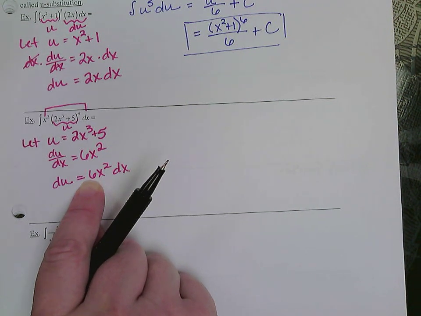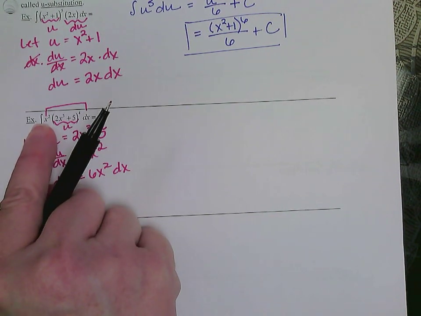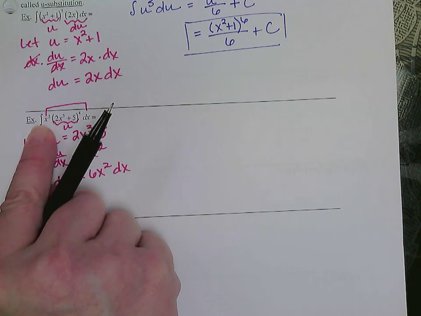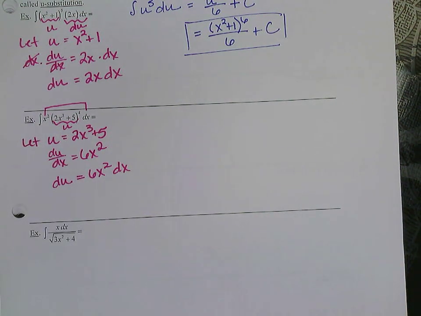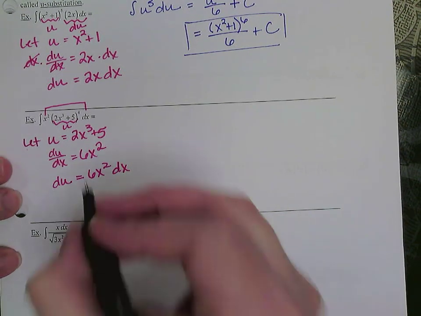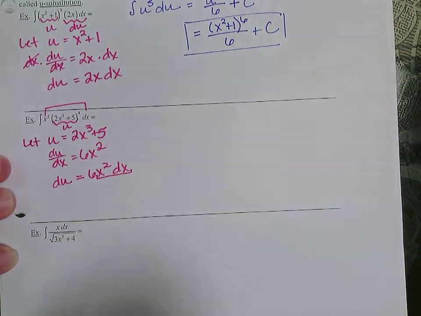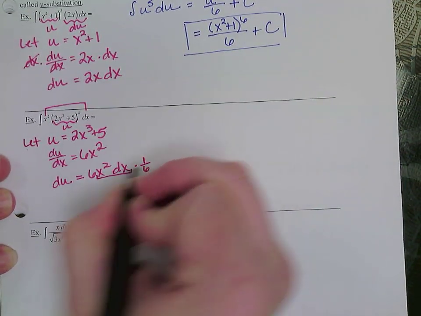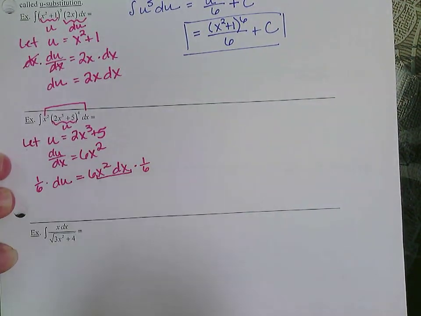If we multiply by 6, we could put a 6 in there if we also divide it by 6. That's one way of thinking about it. Another way of thinking about it is this. If du is 6x squared dx, and I need x squared dx, then what if I multiplied both sides by 1/6?